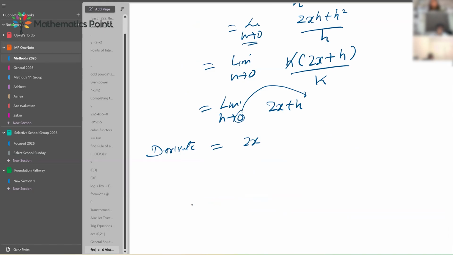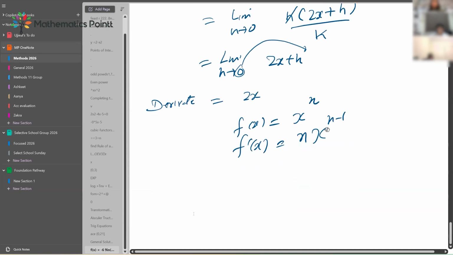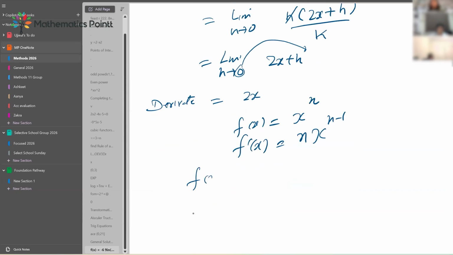Now let's come back to our shortcut. My shortcut at the start when I kicked this topic off was: if f of x is x raised to the power of n, then f dash x, the derivative, is: take this power down and reduce this power by 1. Let's see, we've achieved the same thing now. My f of x was x squared. n is 2 here.